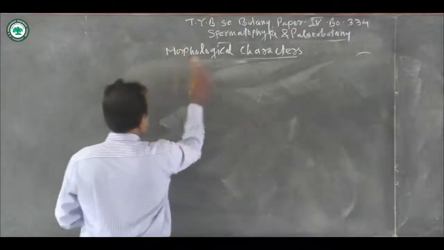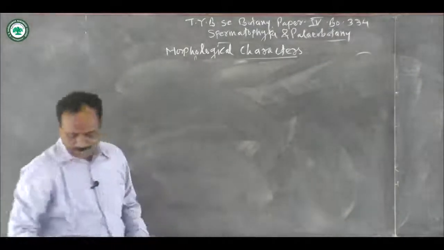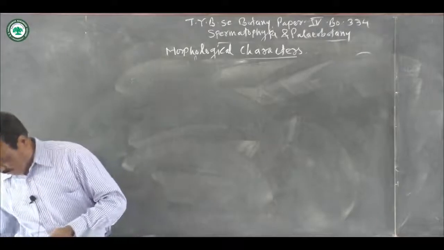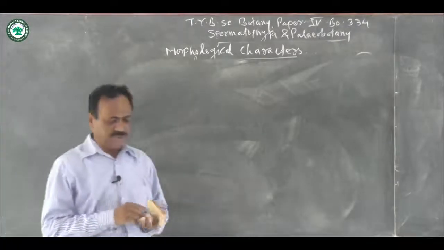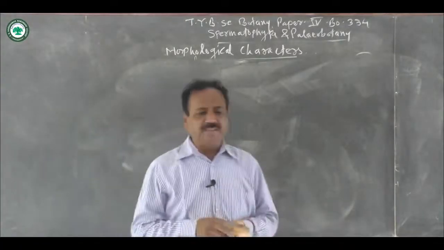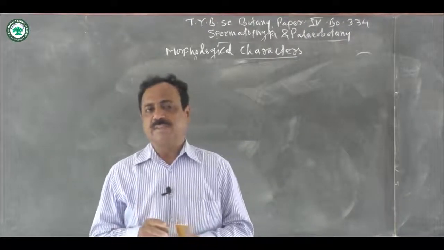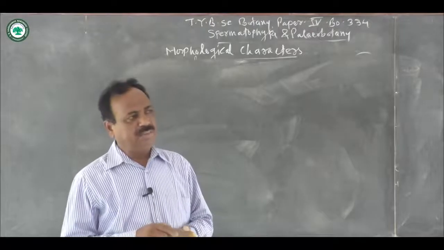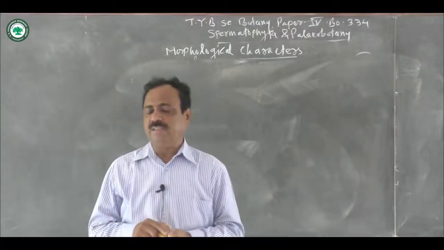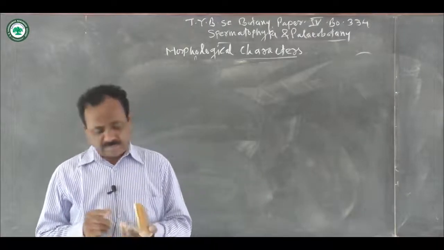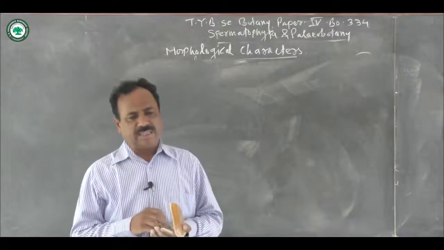Now, if we see the distinguishing characters of the family, the plants are mostly herbs or shrubs. If you see the flowers, they are present in raceme or spike type of inflorescence.